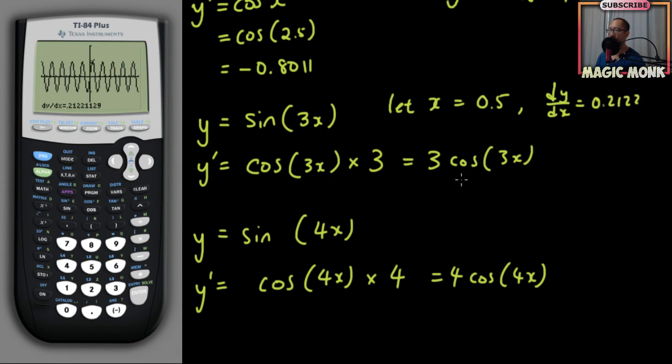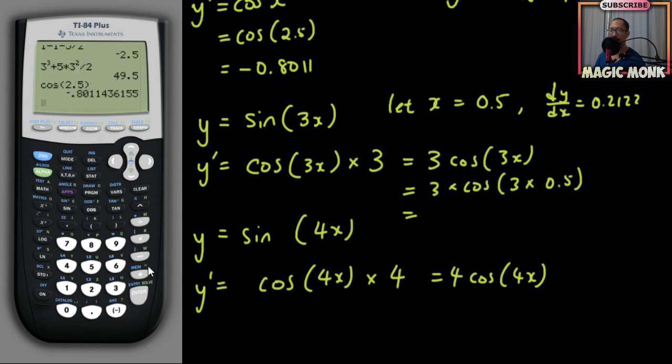Now let's do the same thing with this equation. So y dash equals 3 times cos 3 times 0.5, and let's see what the answer is. 3 times cos bracket 3 times 0.5.